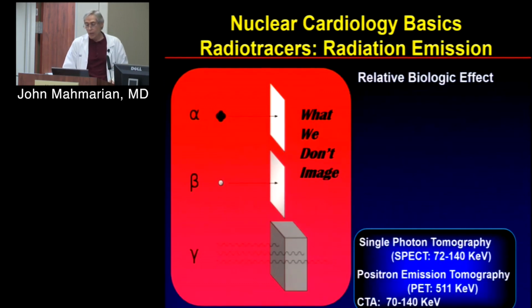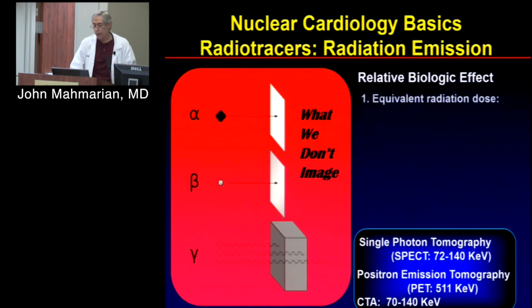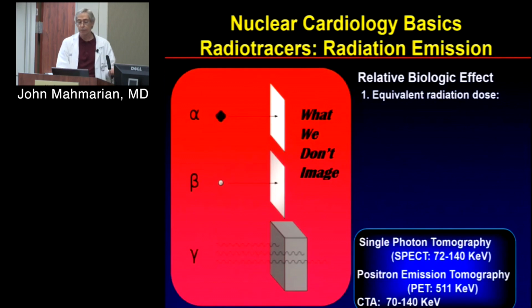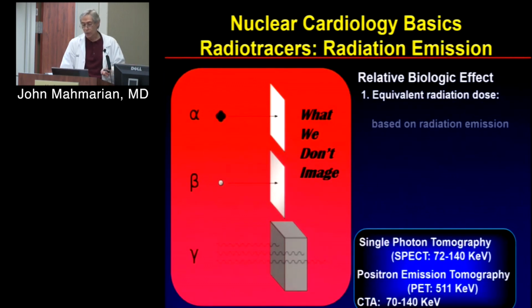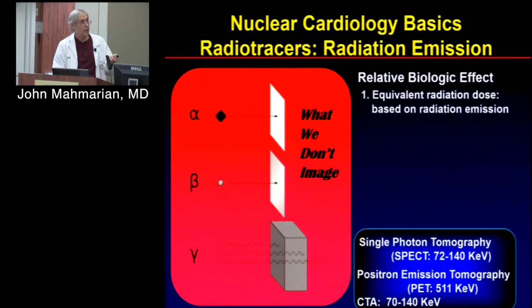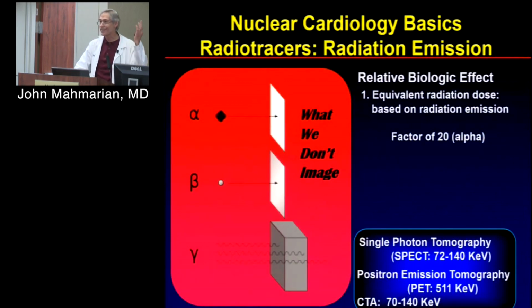Okay. It's important to understand the biological effects of radiation as well. And when we think about radiation, we think about several things. We think about equivalent biologic radiation dose, and that's based on the radiation emission that's being done. So if you look at alpha particles, as I said, even though they can be stopped by a piece of tissue paper, they have 20 times the biologic hazardous effect as compared to, let's say, a beta particle or a gamma ray, okay?